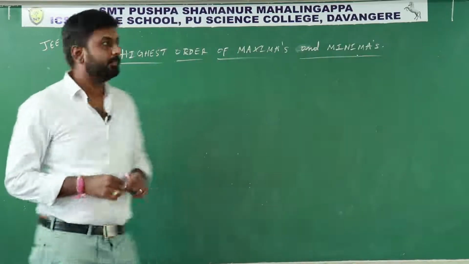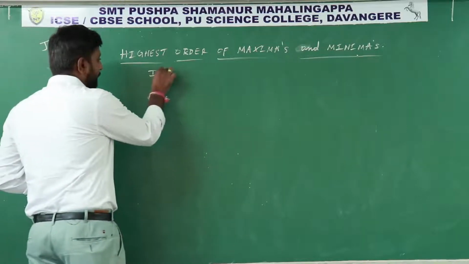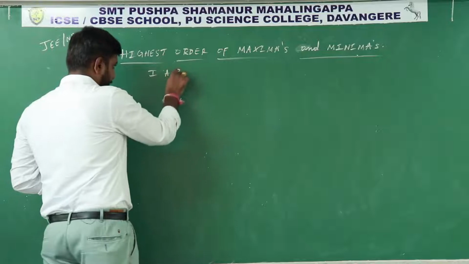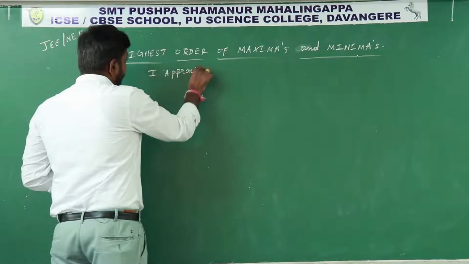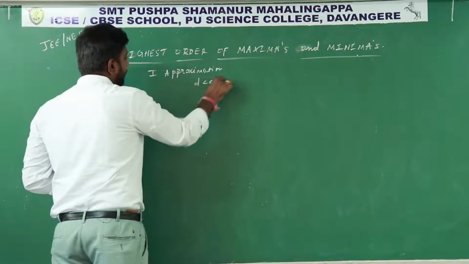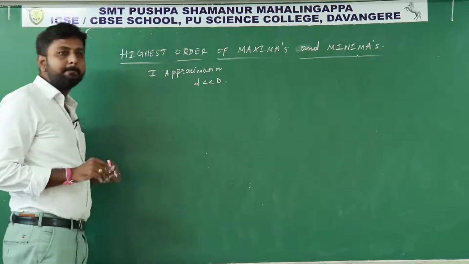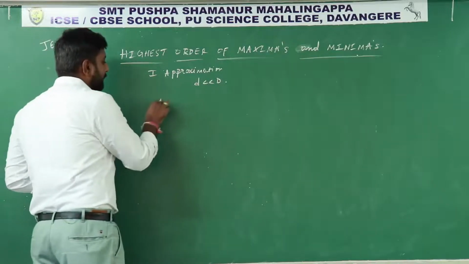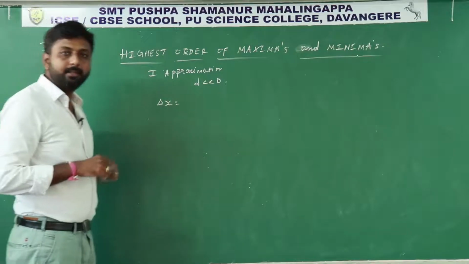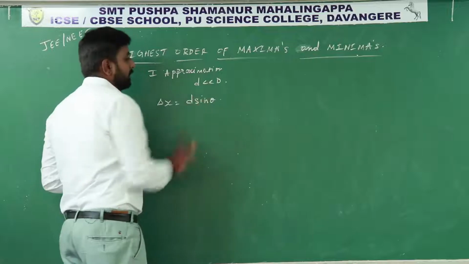So for that, you know that according to the first approximation, d is lesser than capital D. Only if this condition is satisfied, then the path difference delta x we can consider as d sin theta.